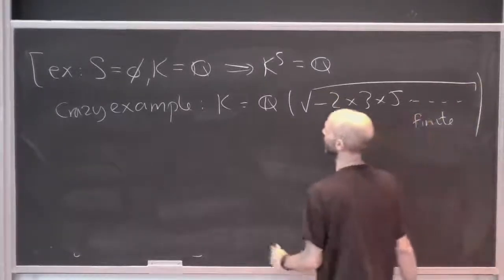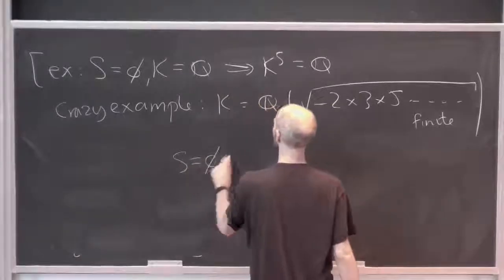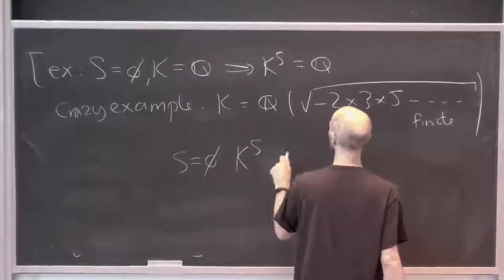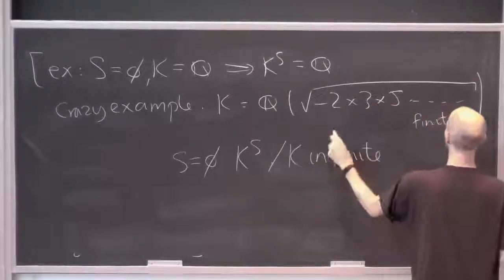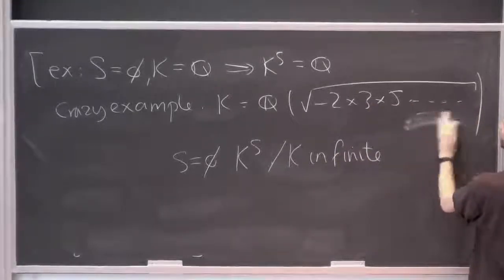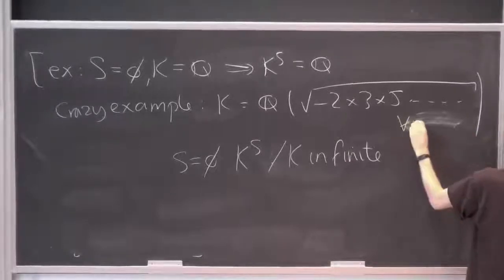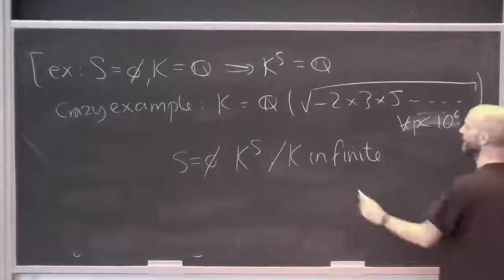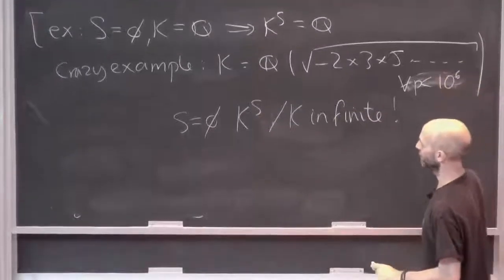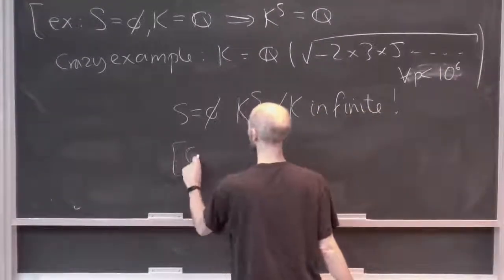So see Golod and Shafarevich. And then S can be still empty, and K_S can still be of infinite degree. Go up to, I don't know, go up to all p less than 1 million. That'll work. I hope this is true. It might not be true.